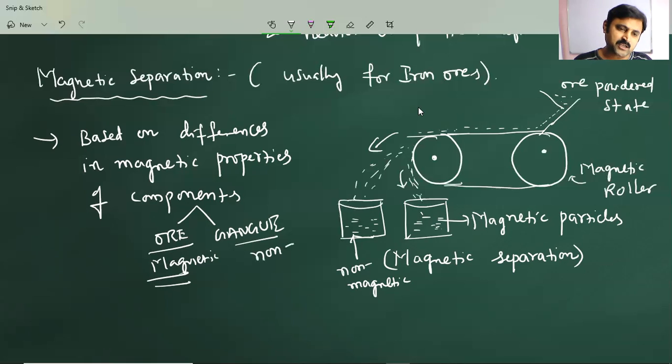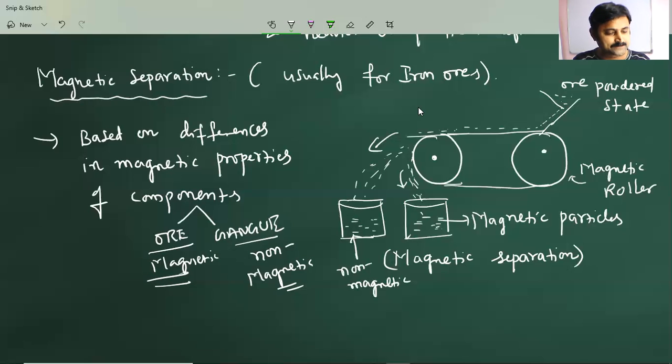So that's why here we are assuming gangue particles are non-magnetic particles. It may be different, but in a particular case, we are saying magnetic and non-magnetic particles in this discussion.